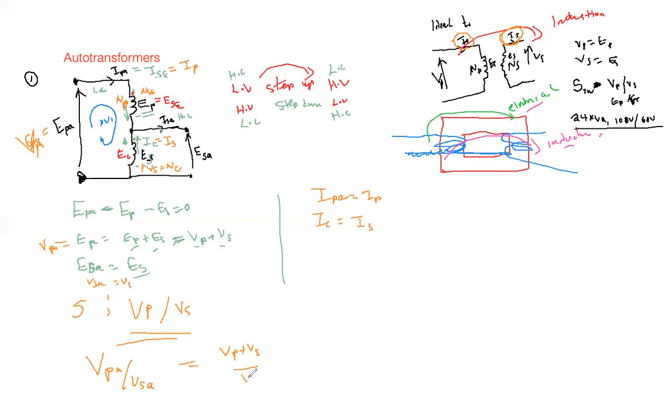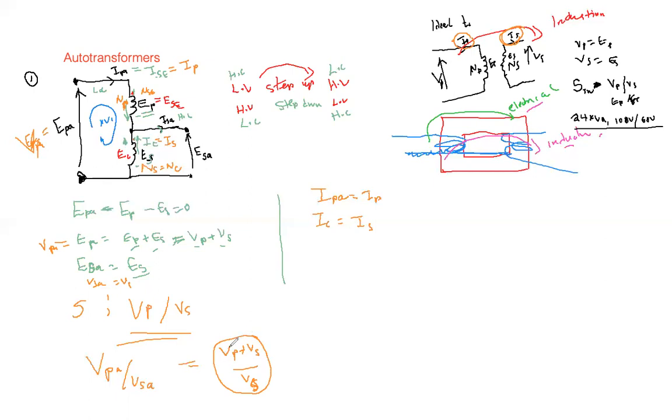So this will be over VS. That's how they name these things. If you check in your book, you have VP plus VS over VS. That means they took the primary winding, then connected it to the secondary winding, and that became the primary of the autotransformer. But then the secondary winding of the two winding transformer became the secondary of the autotransformer. Let me say it again.